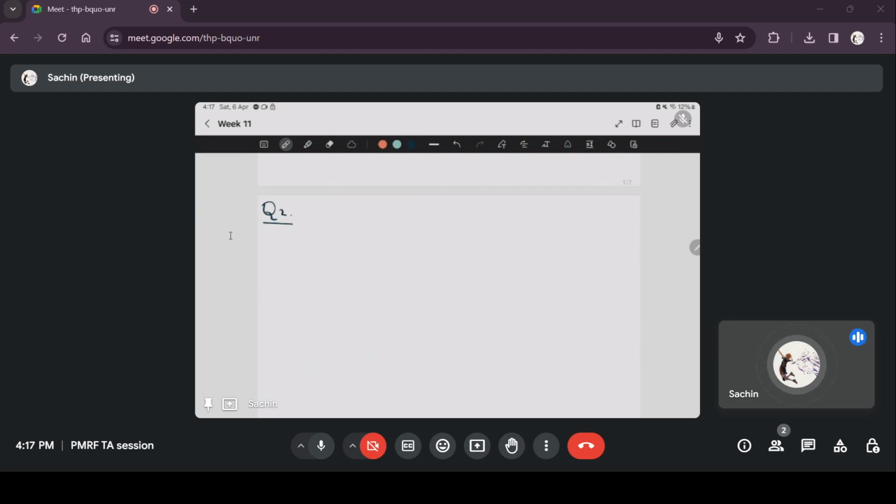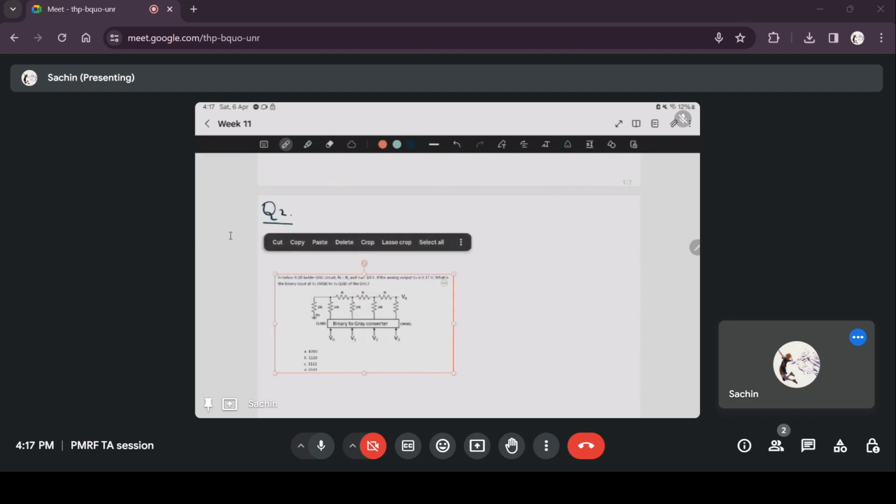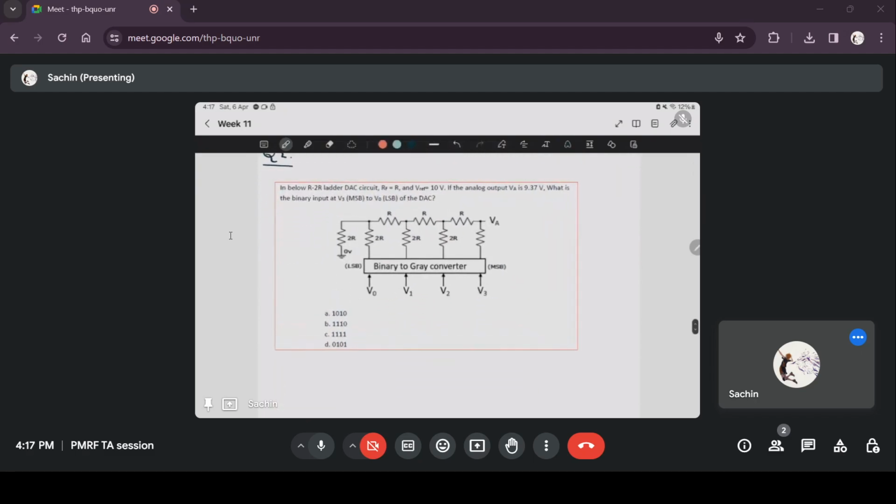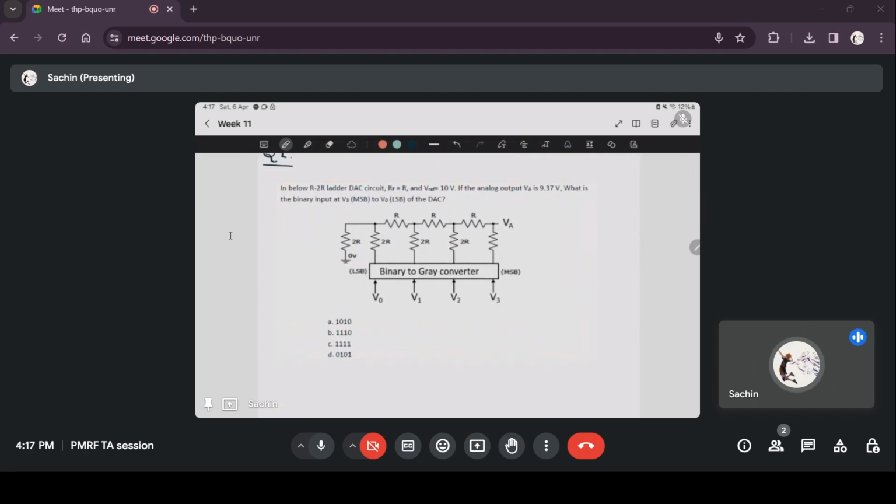We'll go to question 2. Let me get the question on the screen. In the below R2R ladder DAC circuit, RF is R and V reference is 10 volts.